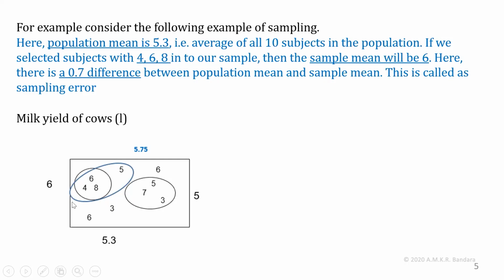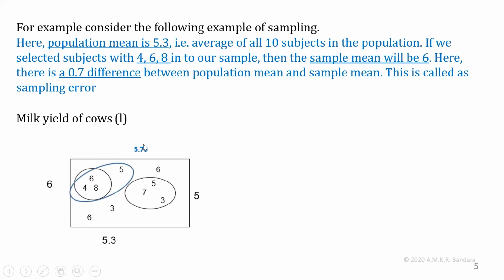Assume that instead of 3 individuals, we increase our sample size. Now my sample size is 4. I have added another individual into my sample. Now you can see this new sample represents the population better.